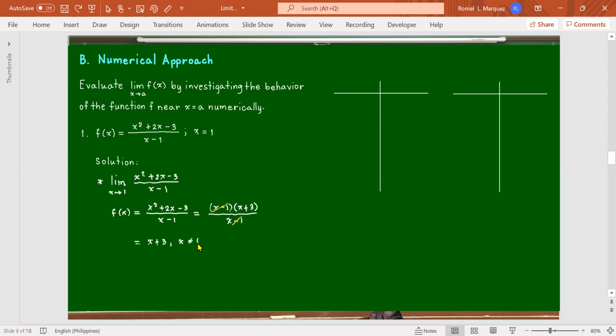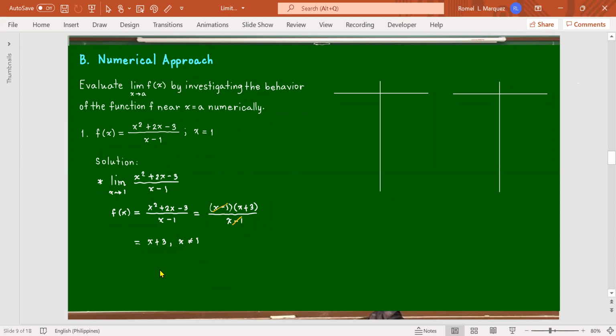Is that clear, guys? So it means this function, x squared plus 2x minus 3 all over x minus 1, is the same as x plus 3 as long as x is not equal to 1. So it's better to work with x plus 3 in computations later rather than in this quotient form.